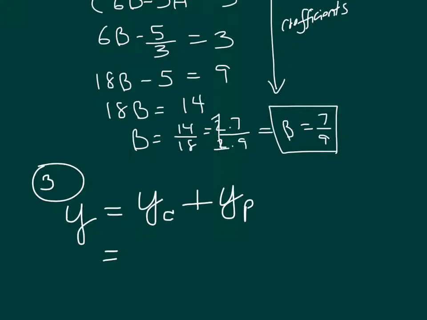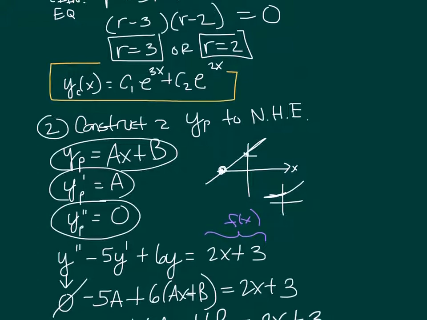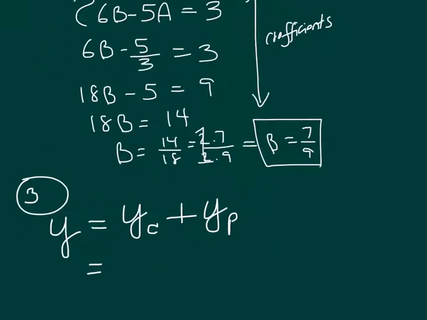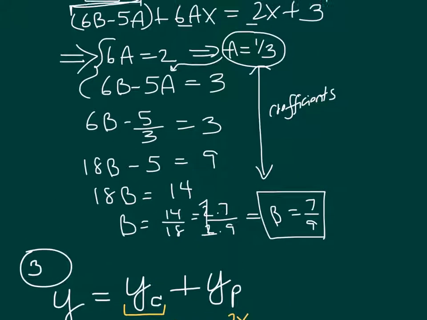Our y sub c was c1 e to the 3x plus c2 e to the 2x, our yellow guy.